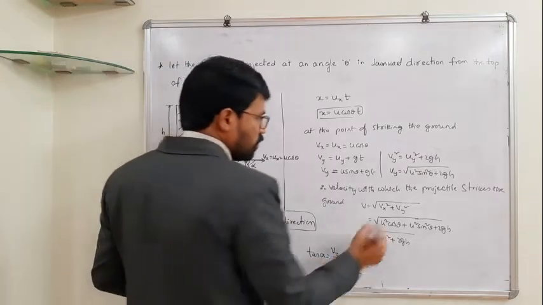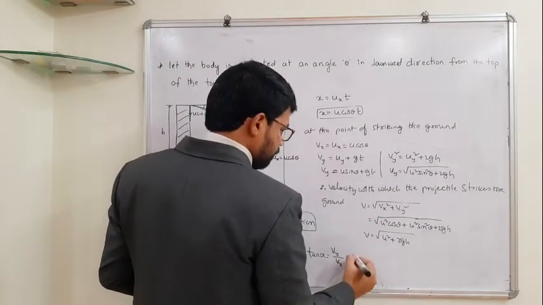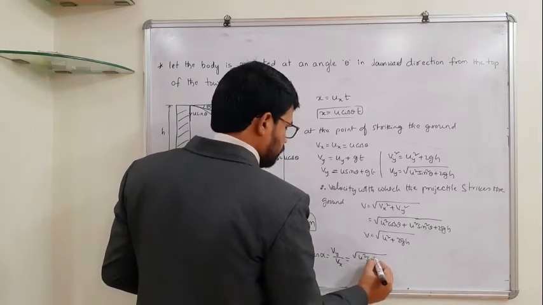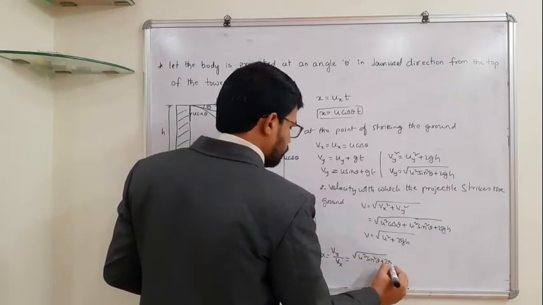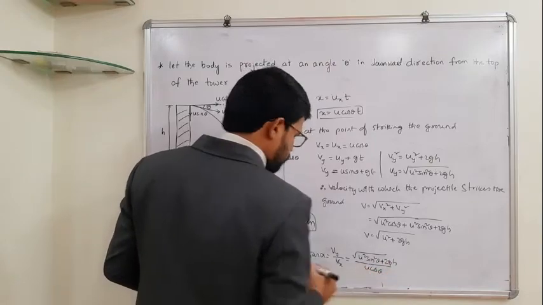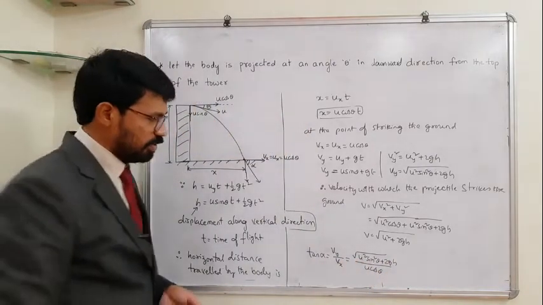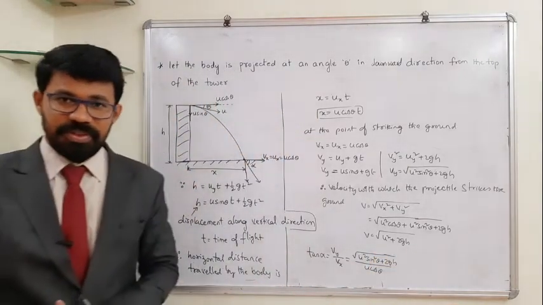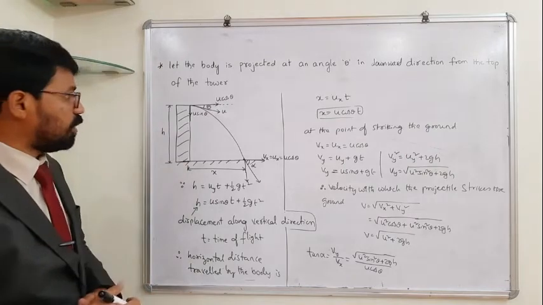So Vy is what? Under root u square sin square theta plus 2gh by Vx is u cos theta. So alpha is equal to tan inverse of this. That gives us the angle at which it strikes the ground. So these are some important points connected with this one.